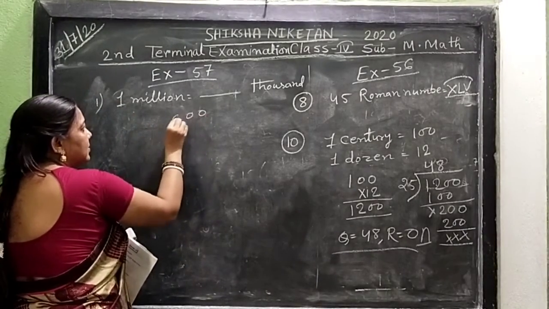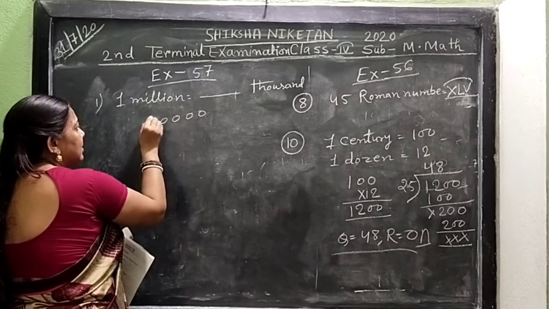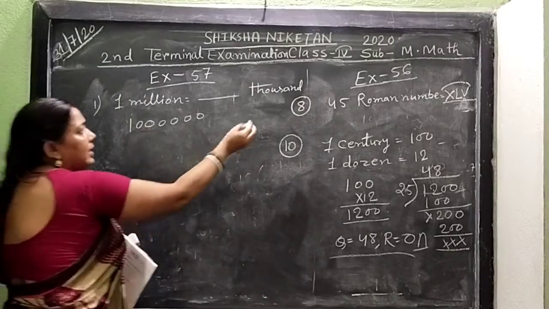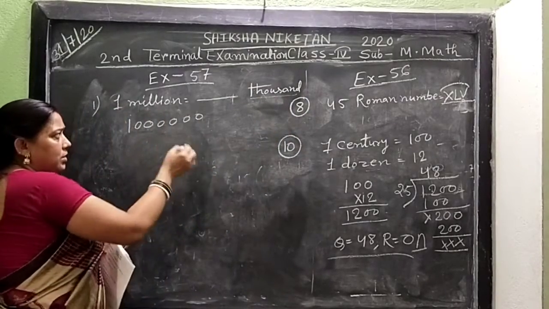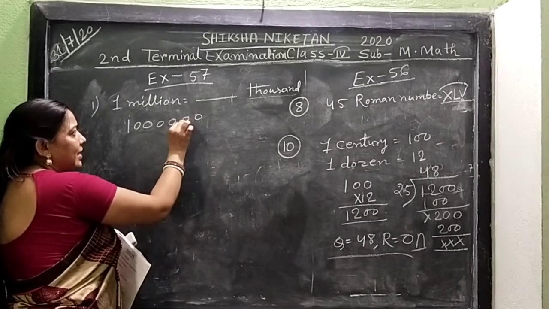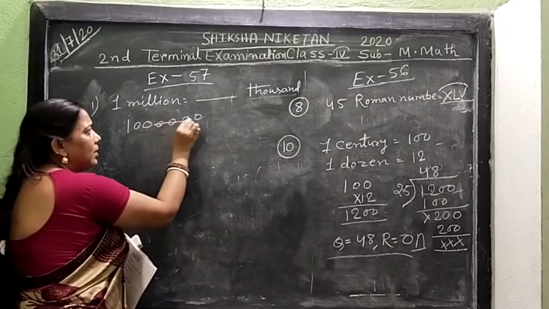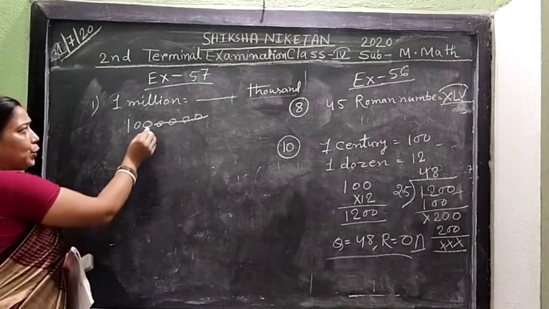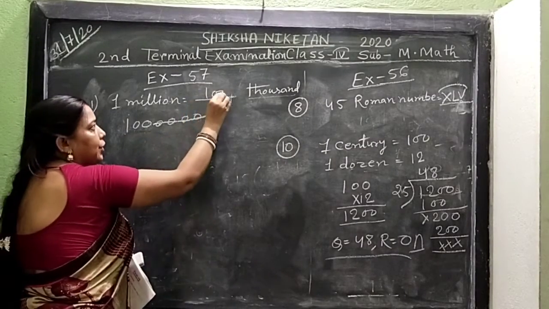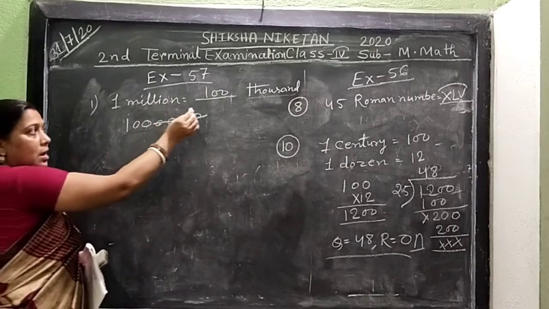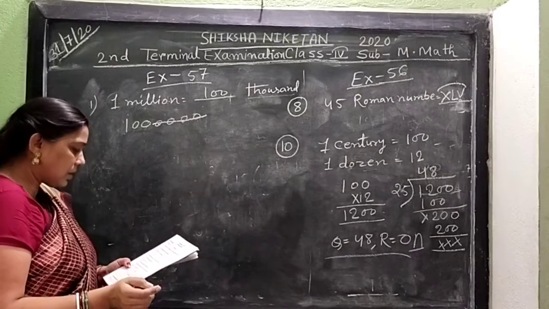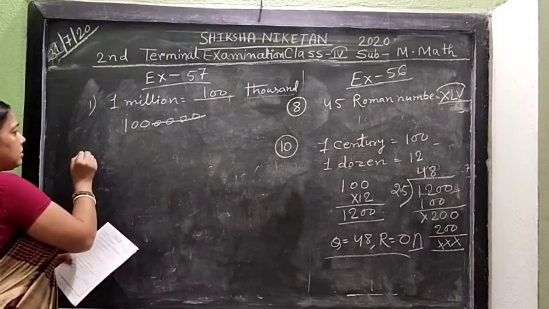Ones, tens, 100, 1000, 10,000, lakh, 10 lakhs. Here we got 1000. There are 2 digits, means 100. We write here 100. 1 million means 100,000. Okay? 1 million means 100,000.